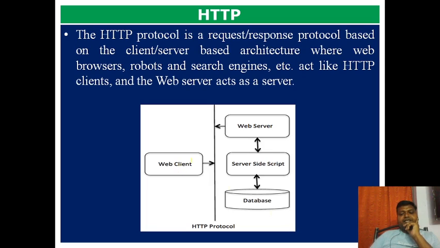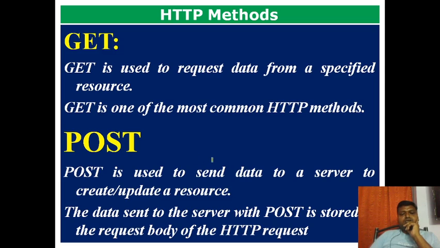So, there is a web client, there is a web server, there is a database. The client sends a request, server sends a response. Now, there are totally 6 methods or more than 6 methods in HTTP. When we send a request in HTTP protocol, the first method is get.